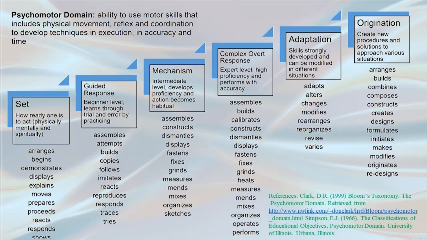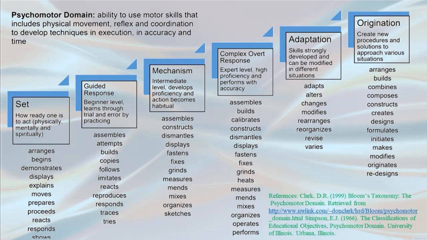Another thing that I have to mention here is most of the time we can determine the level for cognitive and affective domains from the verbs we use for writing objectives. For example, if we use the verb list, it shows the first level of cognitive domain.